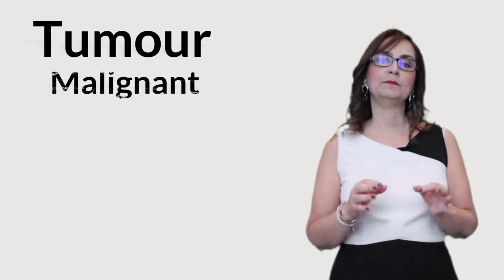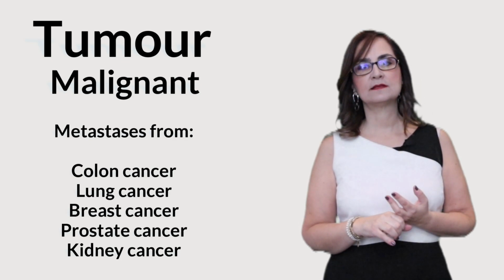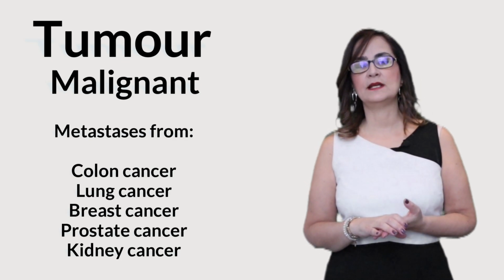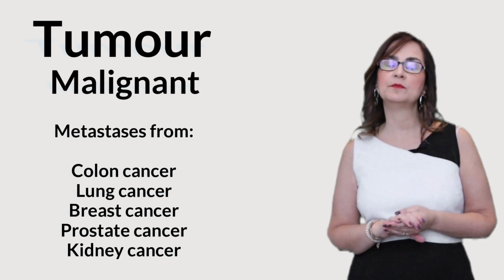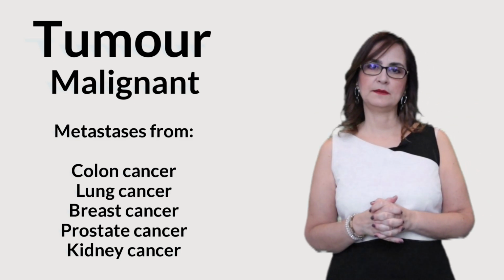In cases of malignant tumors, there are usually metastases from other parts of the body. Colon cancer, lung cancer, breast, prostate, and kidneys are the most common types of cancers that send metastases to the spine.